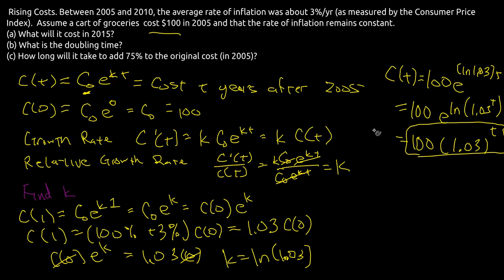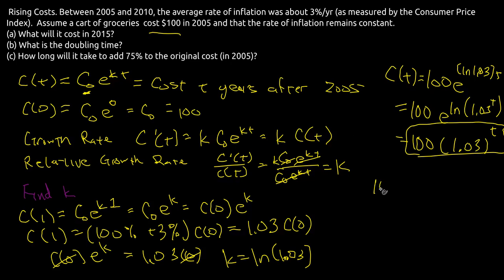So now we can start answering some of these questions. For example, what will the cost be in 2015? So we have to plug in something for t. Now, not 2015, but remember t represents the number of years after 2005.